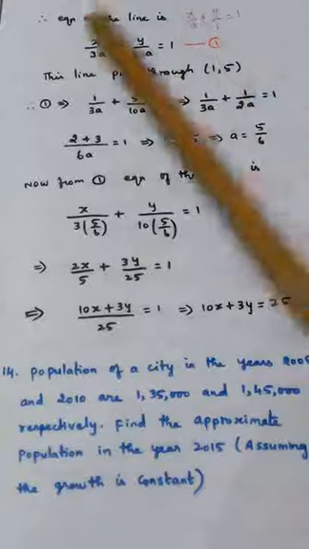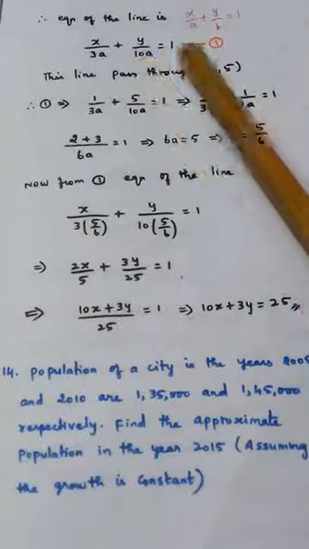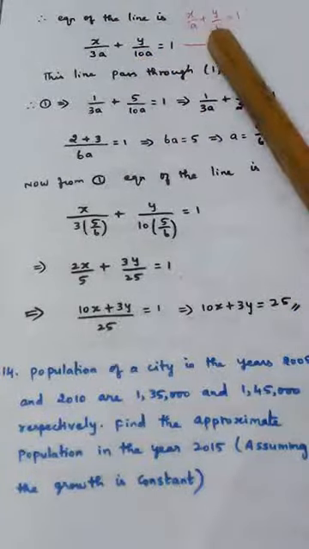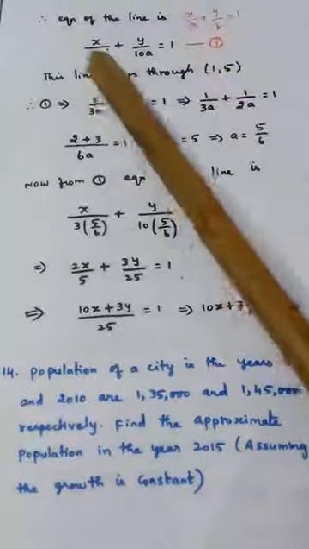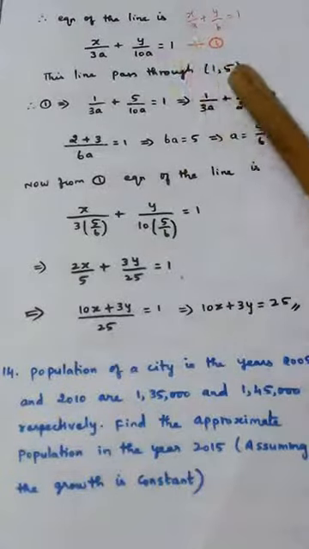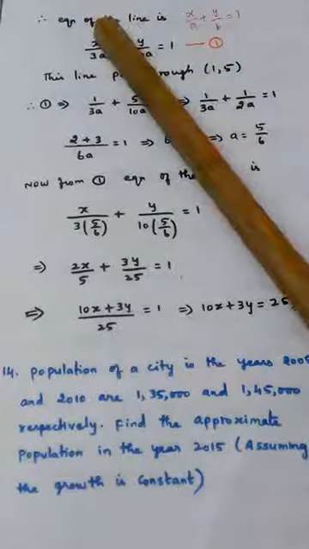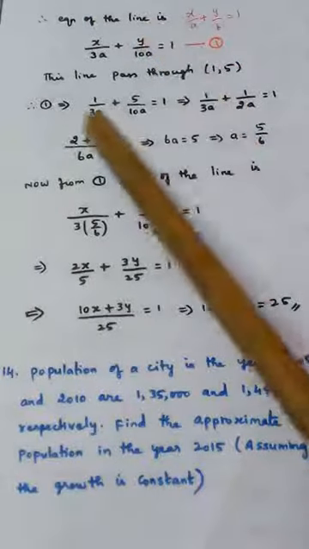So we write x by 3a plus y by 10a equal to 1, taken as the first equation. We know that this straight line passes through (1, 5), so put x equal to 1 and y equal to 5 in the above equation.